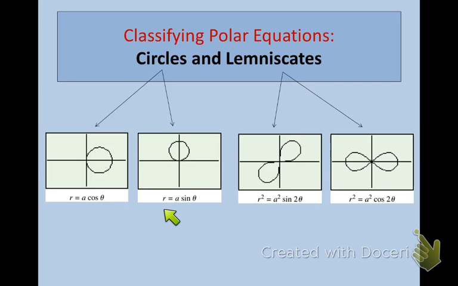So don't just memorize that it was a circle on top. It might be a circle on bottom. It might be a circle on the left rather than the right. So you'll have to plot some points to figure that out, but you can at least know that you're expecting a circle if you have r equals something like 3 sine of theta.